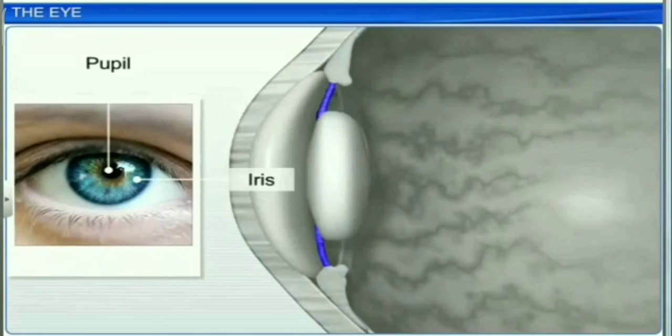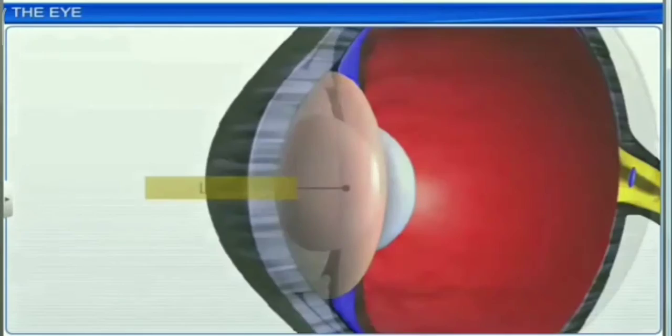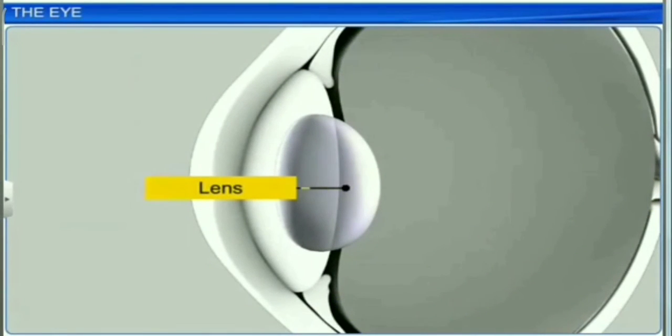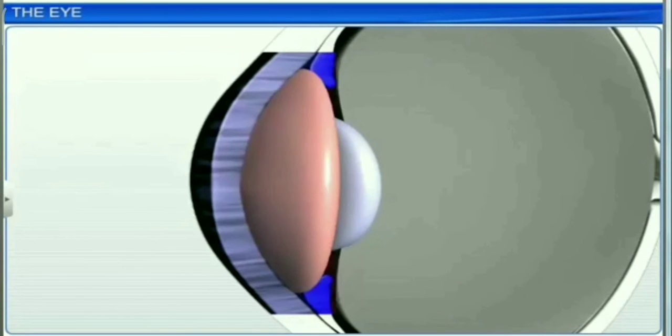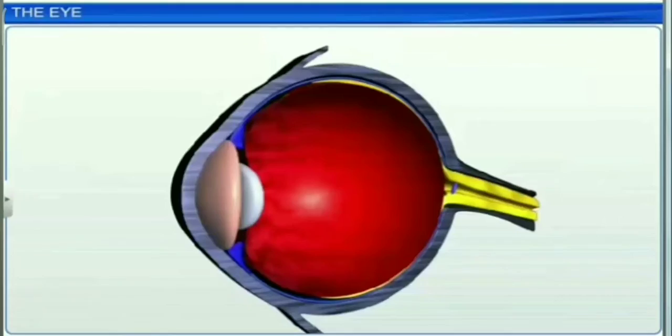Smooth muscles of the iris help in regulating the size of pupil depending on the intensity of light entering the eyeball. The pigment in the iris determines the color of the eye. Lens. It is a transparent, elastic, biconvex structure. It is suspended in the eyeball by the suspensory ligaments.